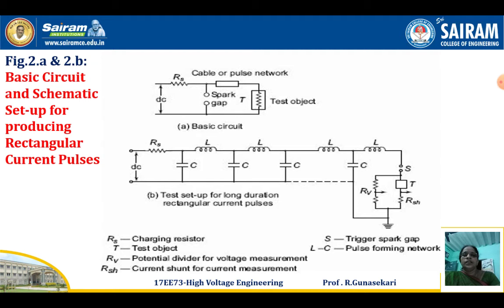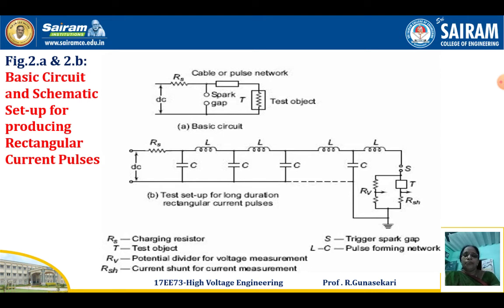Then one rectangular square box is there, which only represents the cable or pulse network. Why are we using the cable or pulse network? For discharging purposes. Then next, two sphere gaps, that is the spark gap, where T is the test object. So these are the parts of the basic circuit of the rectangular current pulse.